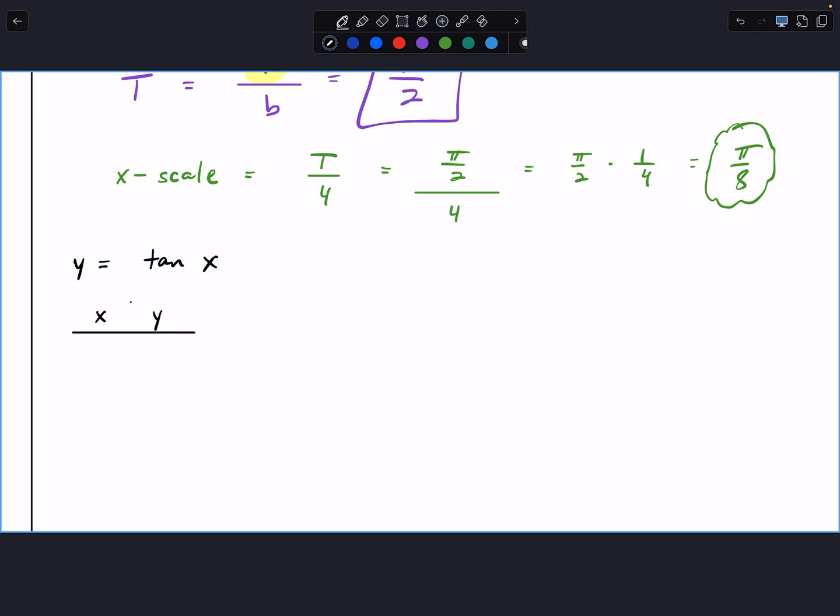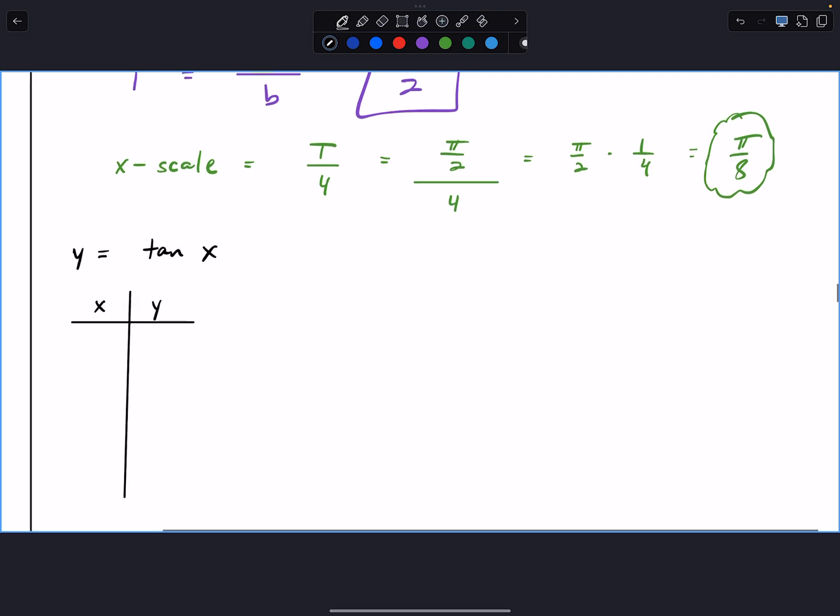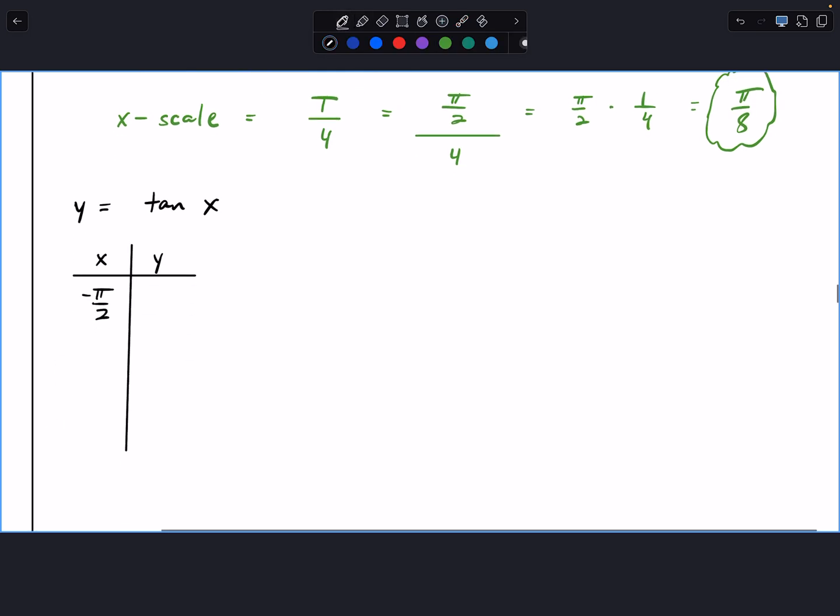But looking at your notes from yesterday, what was the first value for the tangent table we used? Negative pi over 2. And then just like sine and cosine, we're going to go by pi over 2's. So if I add, oh no, just kidding. It's pi over 4, my bad. So it's negative pi over 4, 0, pi over 4, and then pi over 2.